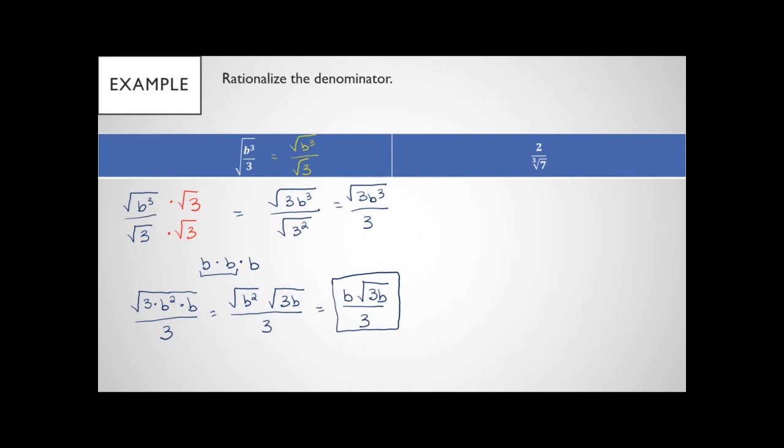So cubed root, we got 2 over cubed root of 7. So the cubed root acts a little differently because if we want to cancel out the cube, we need to have exponents of 3. If I just multiply it by another cubed root of 7, there's only going to be 2 7s. There's not going to be 3.